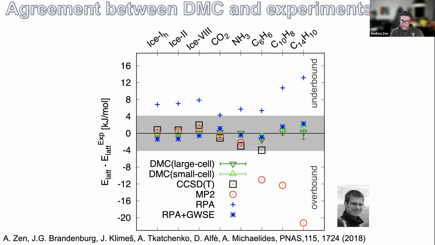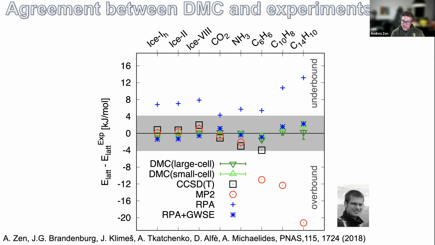So we are quite happy with the results. From the literature, we also collected coupled cluster numbers, which are not available for all the crystals because some are too large for coupled cluster, since the scaling is quite bad with the system size. But where it is available, we also have a good agreement.